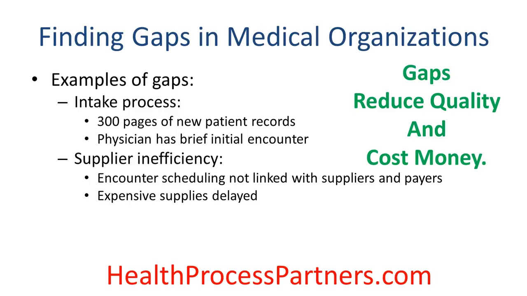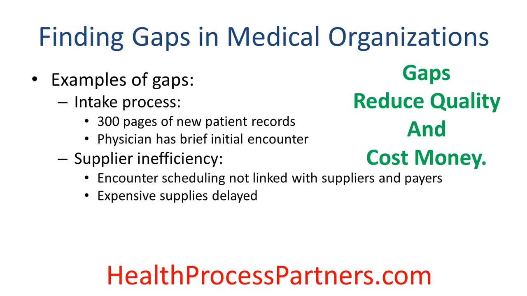Another example is inefficiency of supplier relationships. Some medical supplies required for certain types of encounters can be very, very expensive. For example, chemotherapy bags can be extremely expensive, and when an encounter is scheduled, information needs to be sent from your organization to the payer. The payer then has to send money to the supplier, and the supplier has to send supplies to your organization in order for the encounter to actually be fulfilled.